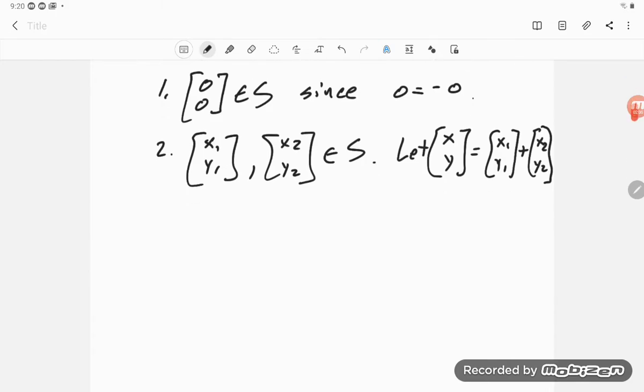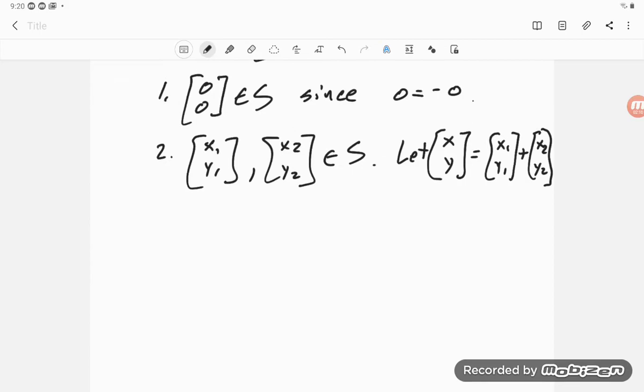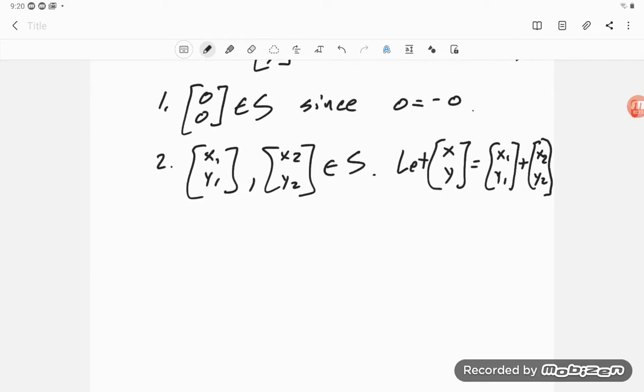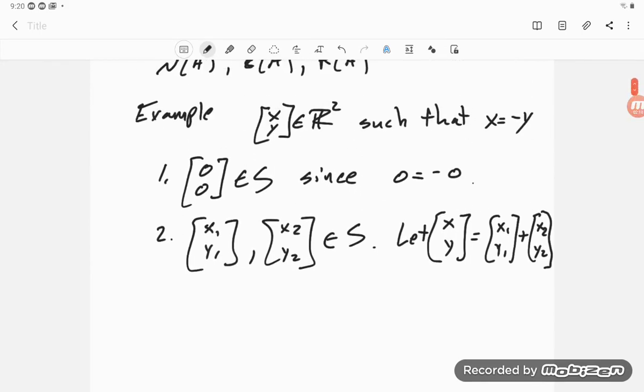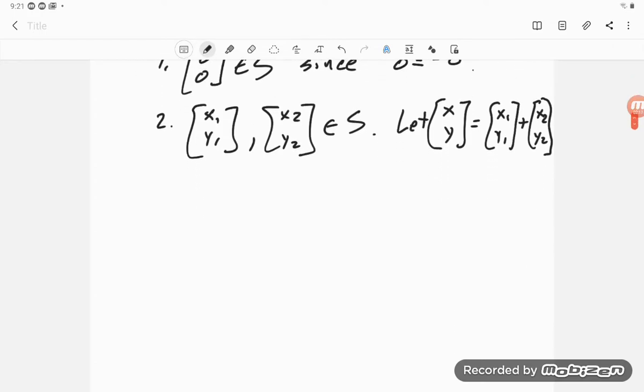Now we want to look at whether x is equal to negative y.